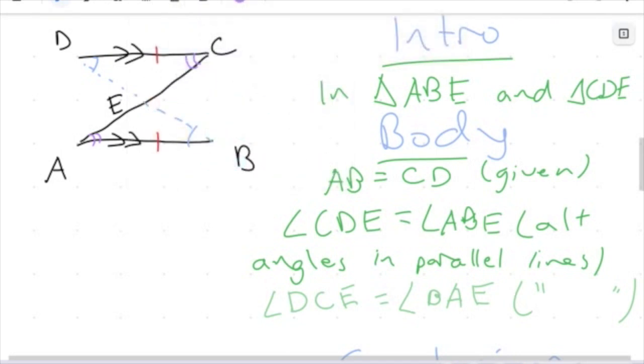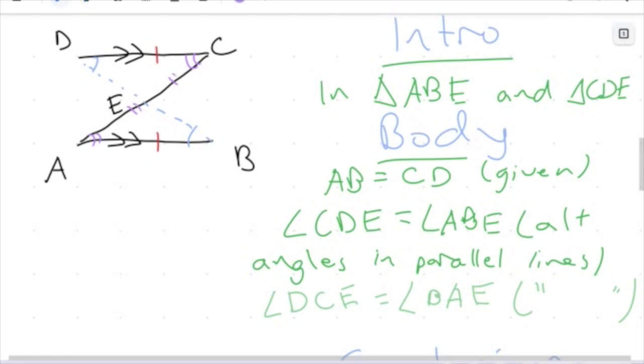EA, this marking here, is equal to EC. Okay, that tells me that this line, DB, must have bisected this line AC because I have two equal sides on each end. That's one bit of information.